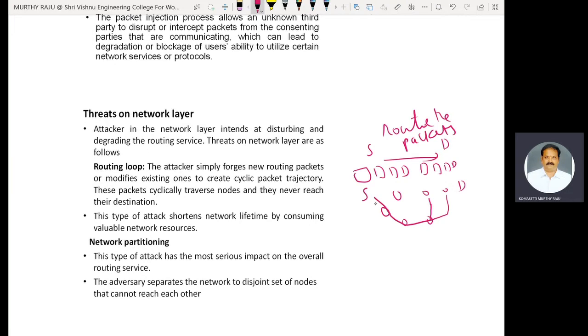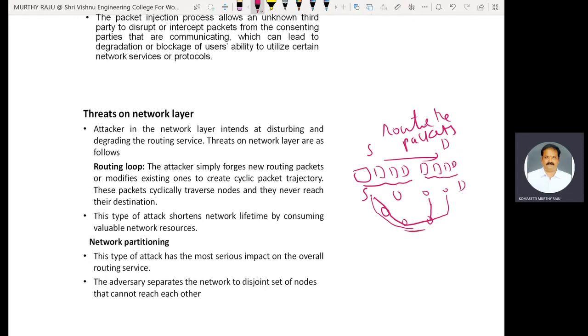These 8 packets: these are the genuine packets, and these are the forgery packets. These 8 packets are combined at the source node, and these 8 packets do not reach the destination node. The original information does not reach the destination node.